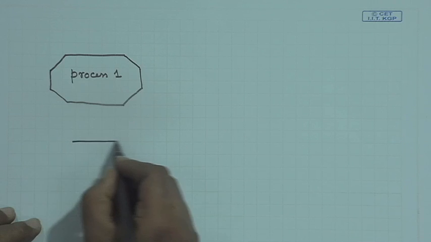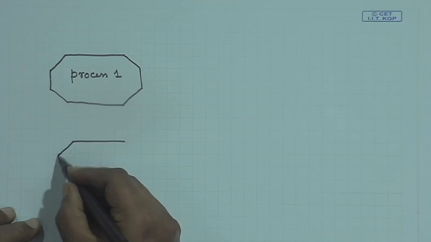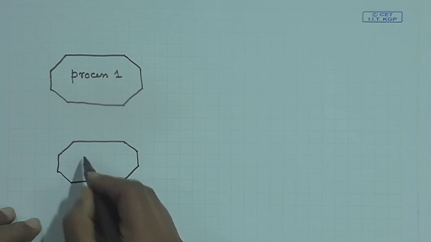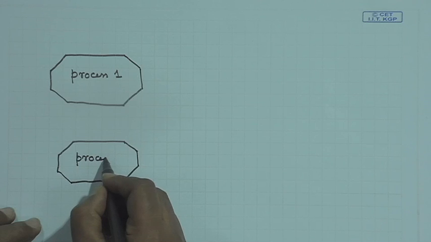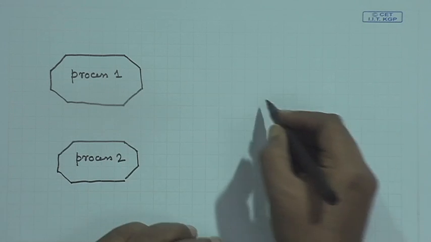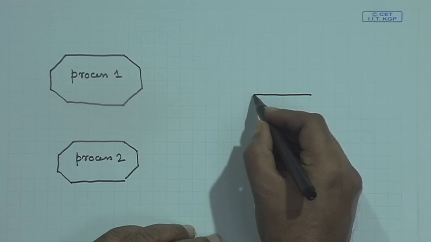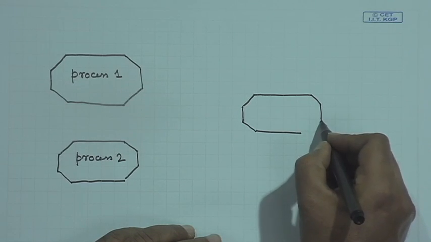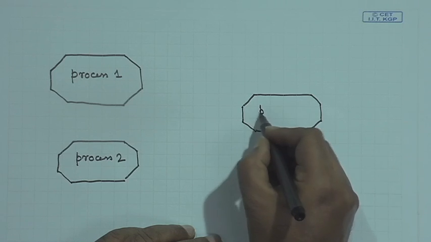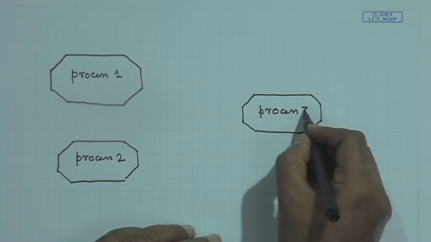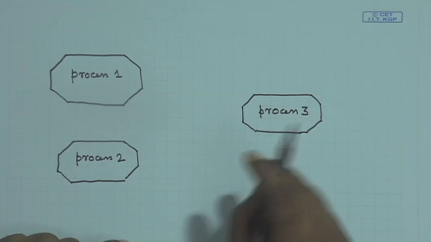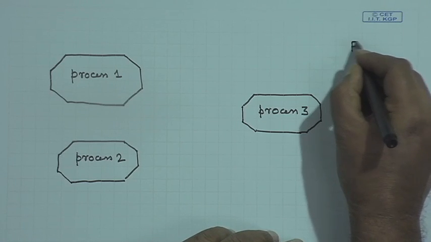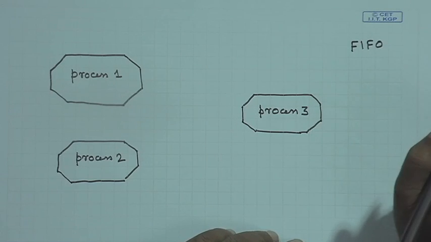There is another process, process 2, and let us have another process, process 3. Now, the communication mechanism between these processes is through first in first out queues.